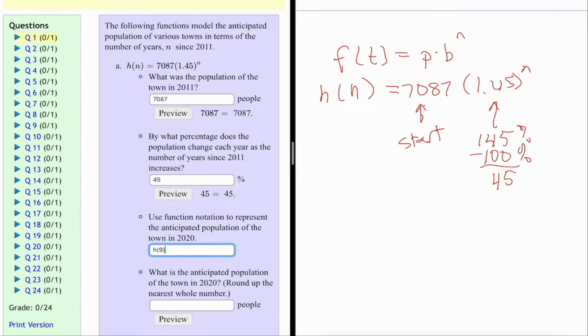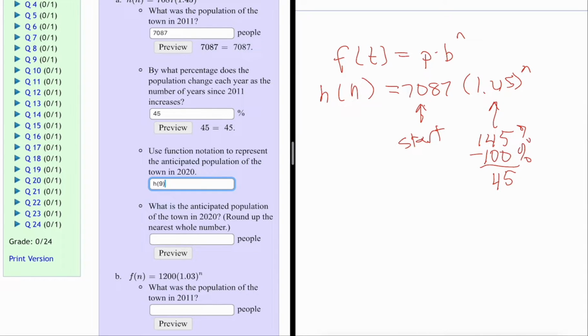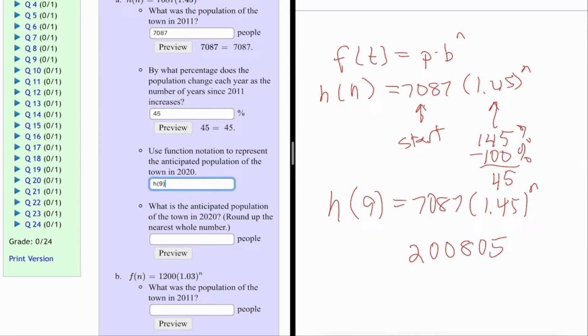And then what is the anticipated population of the town? Well, if I put into my function a 9, so 7,087 times 1.45 to the power of 9, when rounded to the nearest whole number, the answer I got was, because it does say round to the nearest whole number, that is the nearest whole number.